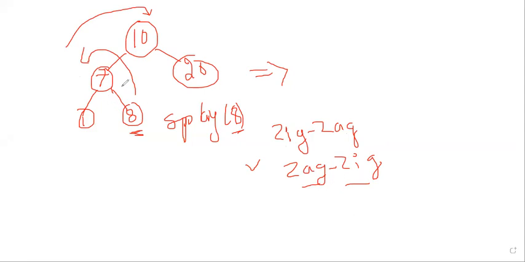By applying this rotation, what is the result? The 8 becomes the root. The 7 and 10, because Z becomes the right side, and Y is as it is on the left side, and 1 is as it is, and 20 is as it is.